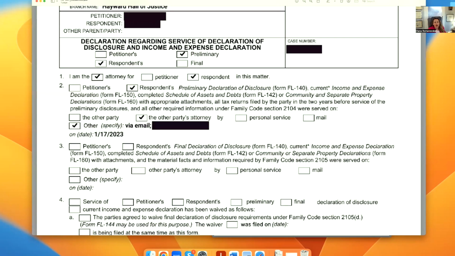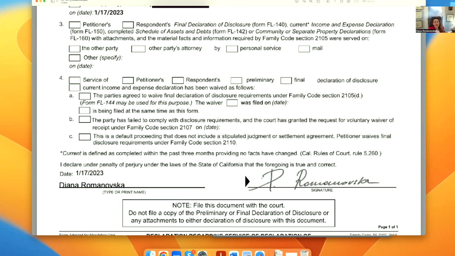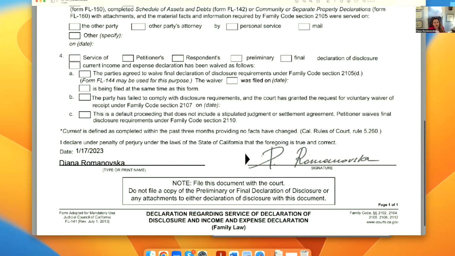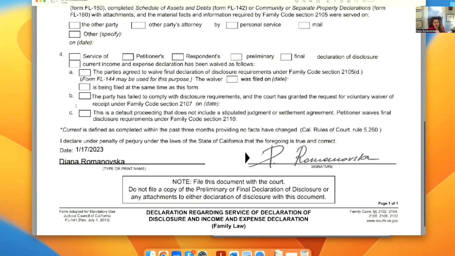Then the other party's attorney was served via email address on that date. And that's it. Sometimes you have a final declaration of disclosure, which we usually waive, but you could check off final if it was served. That form needs to be filed.